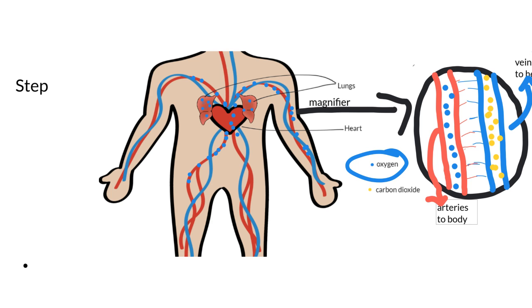Here I've labeled arteries to the body, veins to the heart. We have our arteries in red and our veins in blue. The blood is coming through to every part of the body and dropping off oxygen. It's giving oxygen, and it's also taking in carbon dioxide and other waste.